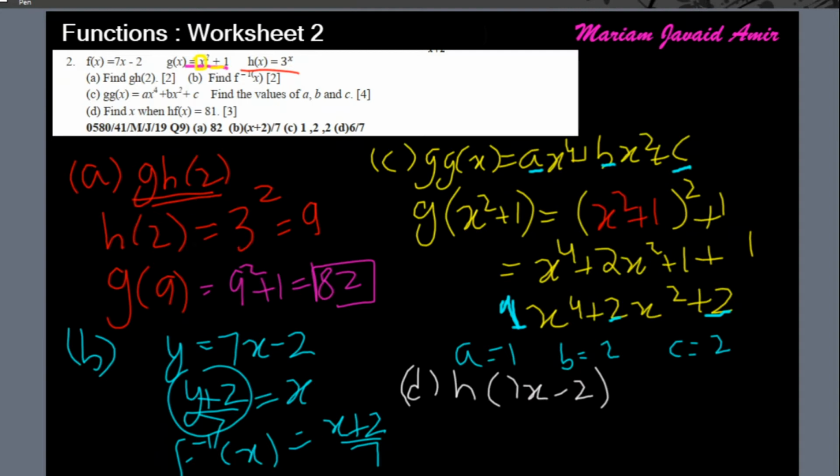So 3 power 7x minus 2 equals 81. Now this will become 3 power 7x minus 2 and 81 is, I believe, 3 power 4. Yes, 3 power 4.